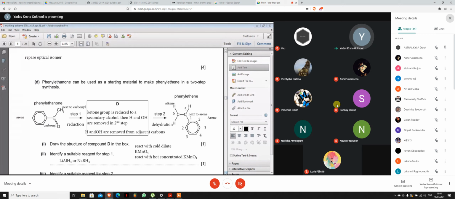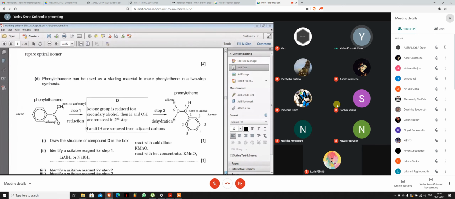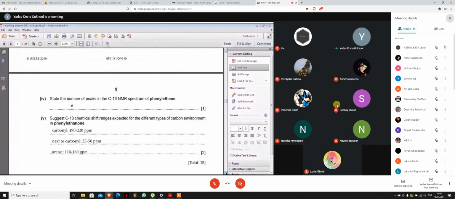Now, carbonyl, 190 to 220. So automatically, we take next to carbonyl, 25 to 50. Now, arene, 110 to 160, that is, we use next to arene, 10 to 40.